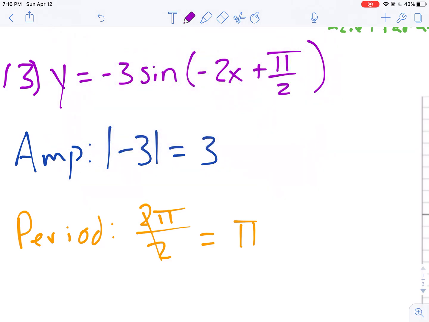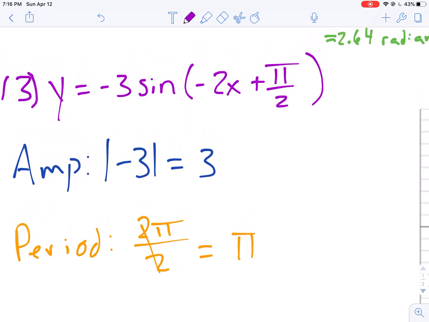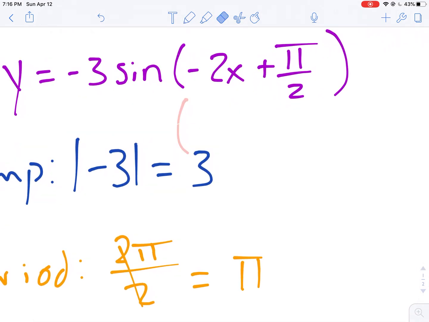I do have to account for the fact that I'm going to factor out this -2. So what this would actually look like, I'll show you this. Because my phase shift is going to shift because of this, I'm going to have -2 times x minus pi over 4.